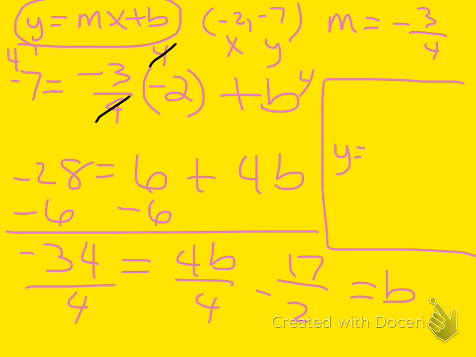We said m was negative 3/4, and then x was negative 2. We just keep the x. And then plus b, which is negative 17 over 2, so minus 17 over 2. Okay, so here is our answer.